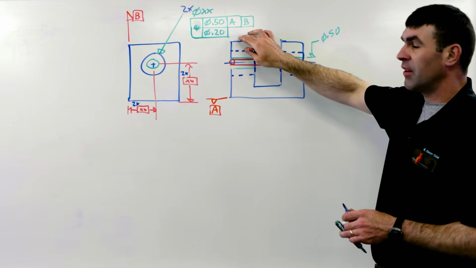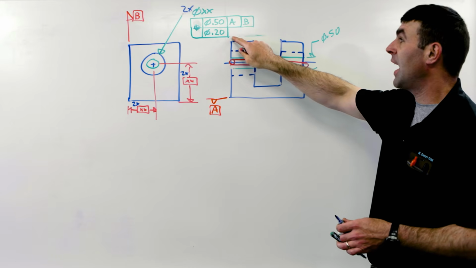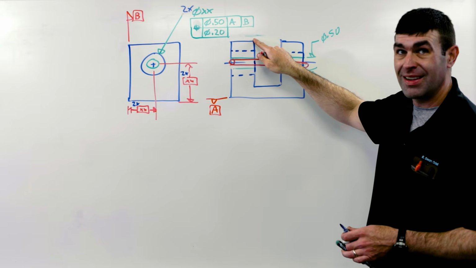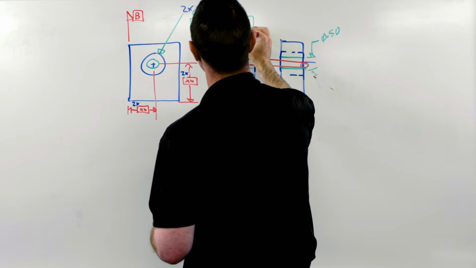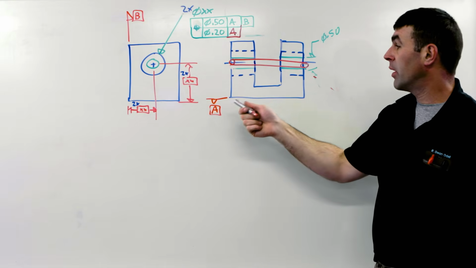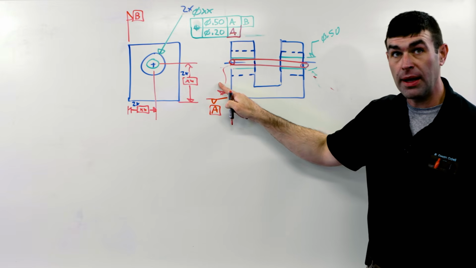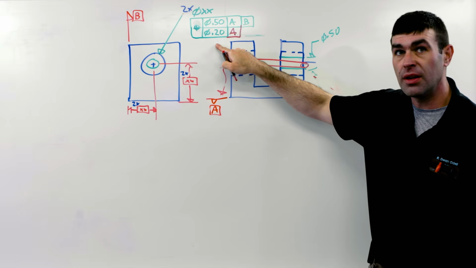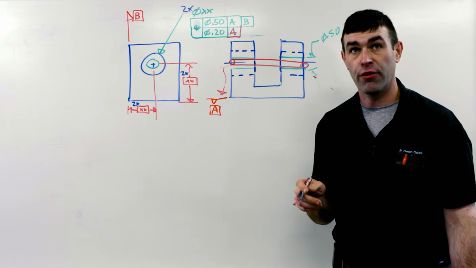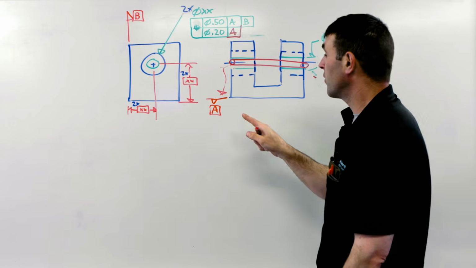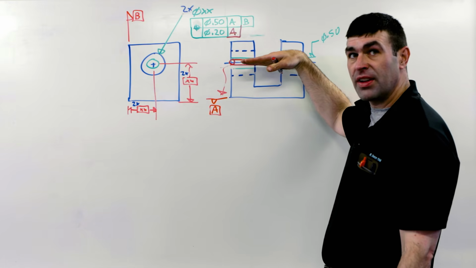Now, if you've flipped through Y14.5, you've seen an example like this where A and B are repeated, right? So let's go through that. What if we repeat A? Right? A is this distance right here. But because it's composite position, we don't do translation in the lower feature control frame, just rotation. So what we're saying is this tolerance zone needs to be parallel to A, right?